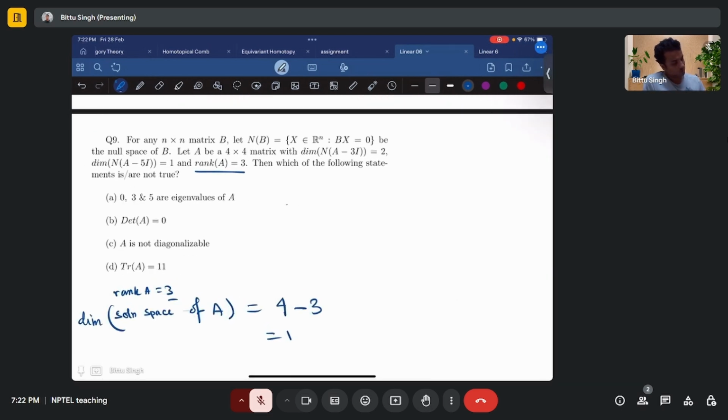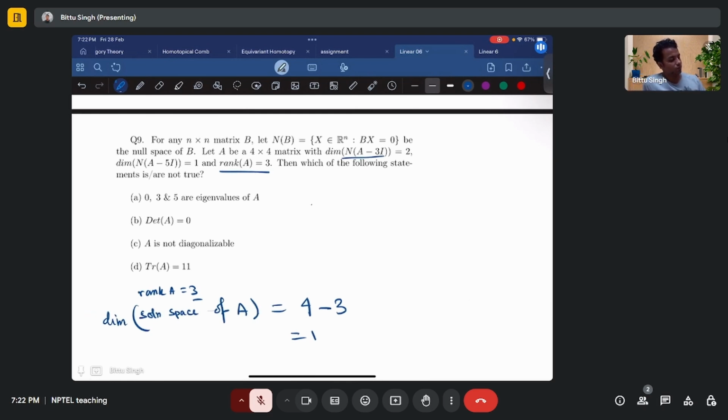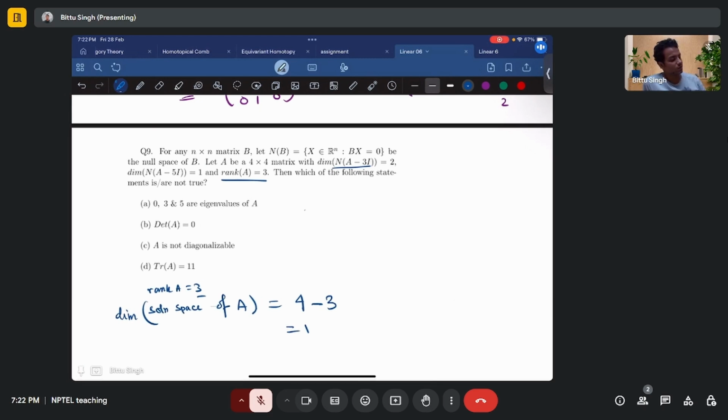Now the dimension of this null space of A minus 3I is 2, right? Alternatively, the null space of A minus 3I gives the eigenspace. So let me write the null space of A minus lambda I, this is actually the eigenspace corresponding to lambda, right?